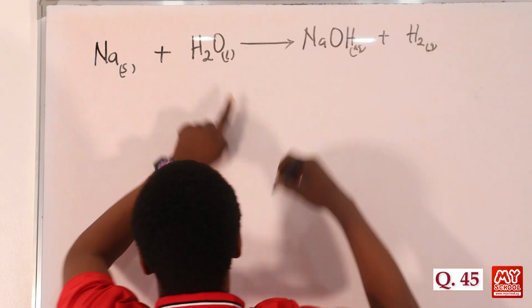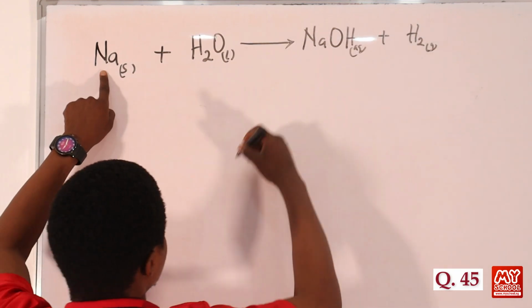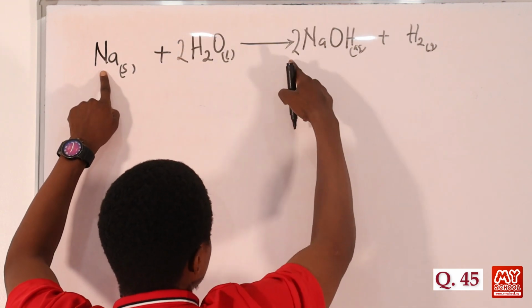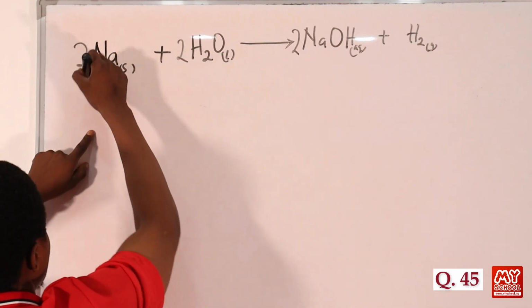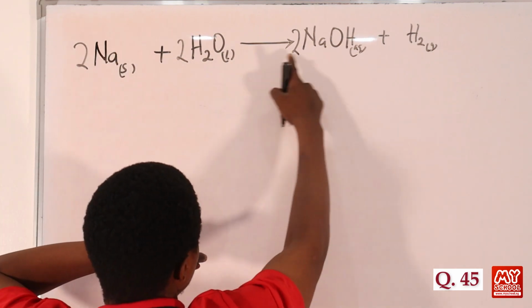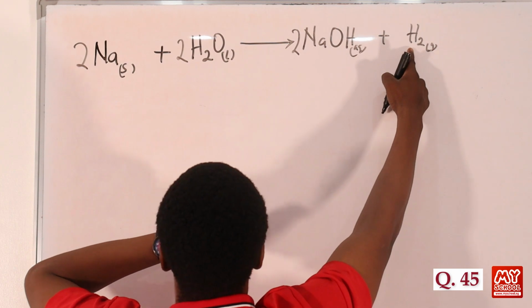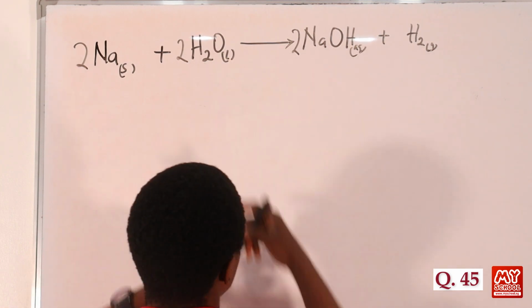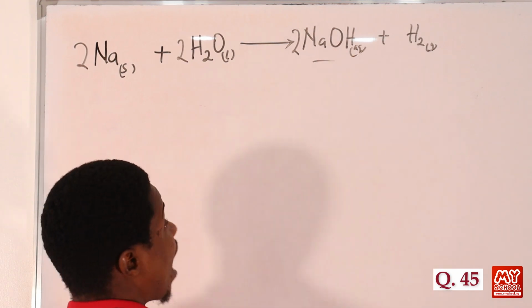So this is aqueous. So we can balance the equation here. This takes 2, that's 4, because this is 2 here, so sodium is 2 here, sodium is 2 here, hydrogen is 4 here, hydrogen is 2 plus 2, that's 4, oxygen is 2 here, oxygen is 2 here. I think the equation is balanced now. So this is an alkaline.